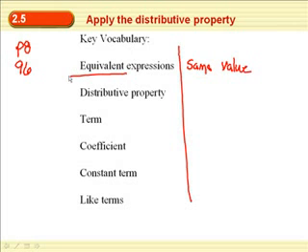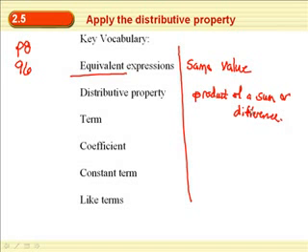Hence the word equivalent, equal. The distributive property is a property that can be used to find the product of a sum or difference, and we'll leave it at that for right now until we get going.